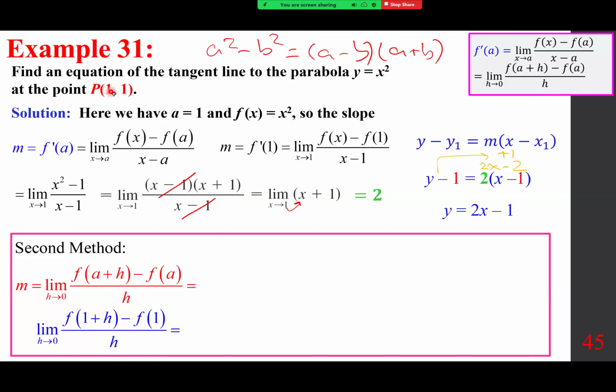So we are going to evaluate f of 1 plus h, which becomes 1 plus h squared. f of 1 is given, you don't have to evaluate it. And when we square 1 plus h, we get 1 squared, which is 1, plus 2 times the first times the last, plus 2h, plus h squared. And then 1 and negative 1 cancel each other.